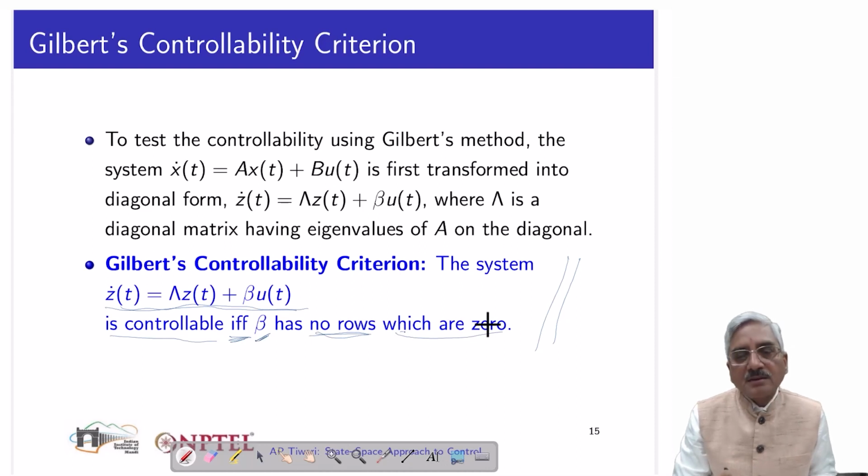All the entries in any row of beta matrix should not be 0. At least some entries should be non-zero. Then the system expressed in diagonal form will be controllable. And if any row consists of all entries as 0, then the system will be uncontrollable.